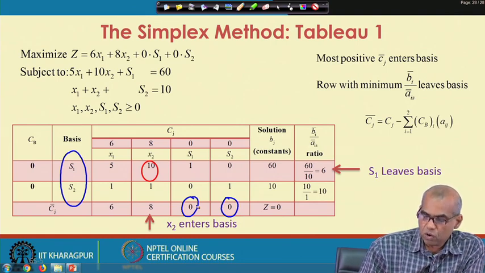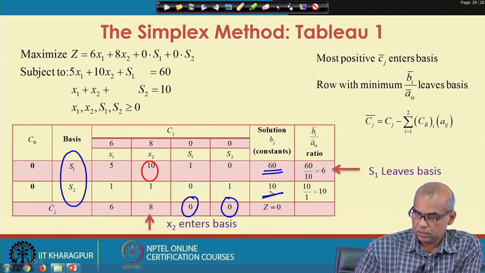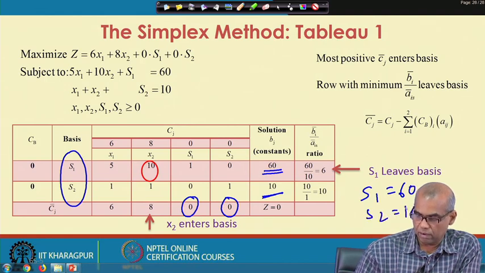So, you know the right hand side constants 60 and 10. So, S1 equal to 60, S2 equal to 10. And x1 equal to 0, x2 equal to 0.